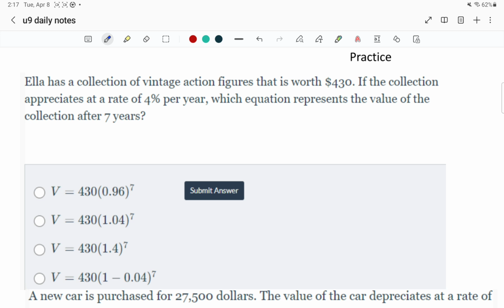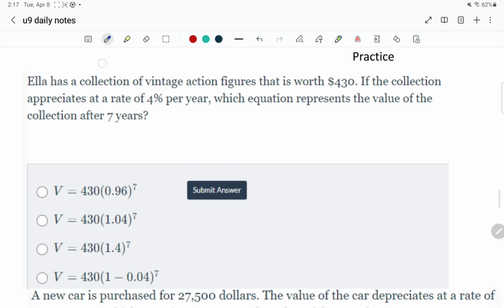Ella has a collection of vintage action figures that is worth $430. Okay, pause. Our formula that we are going off of is A times B to the X. A, like we said before, is the initial value.